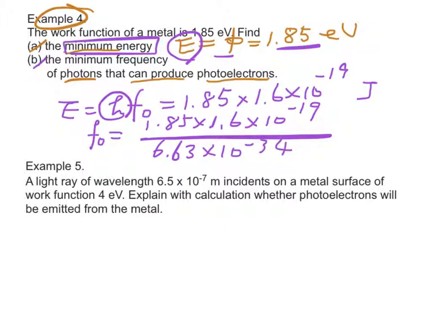Therefore, the minimum frequency of light is 4.46 times 10 to the power 14 hertz.